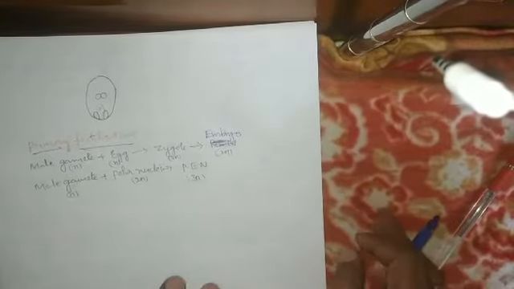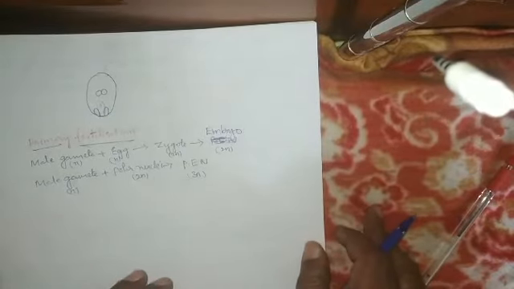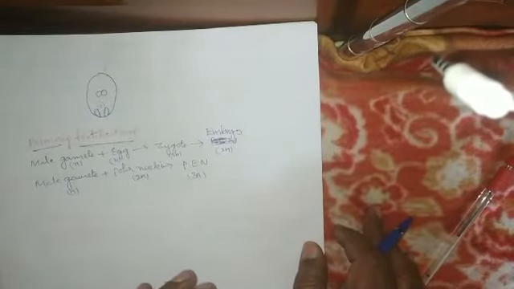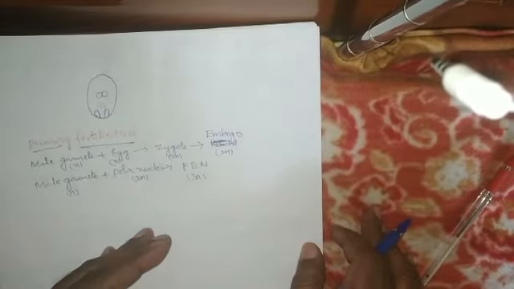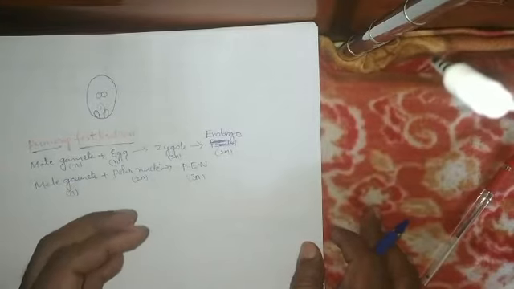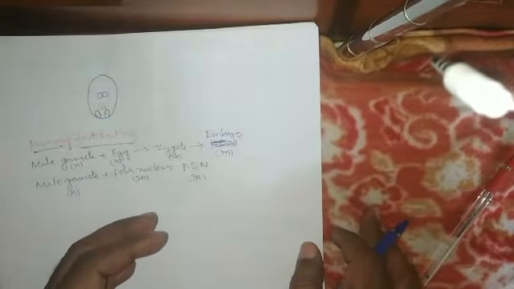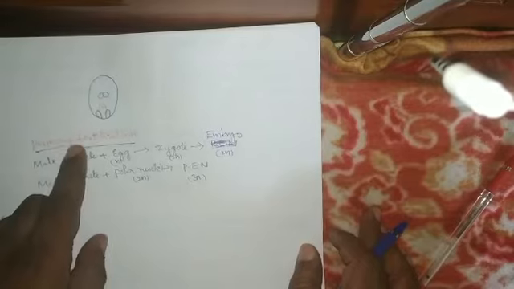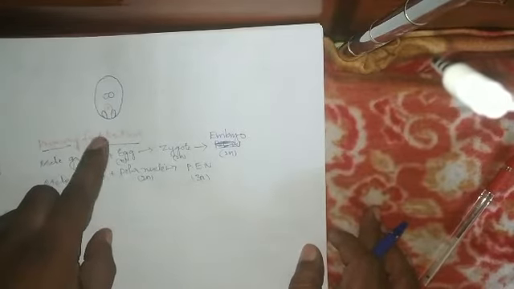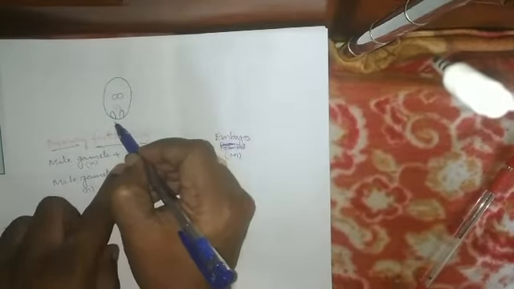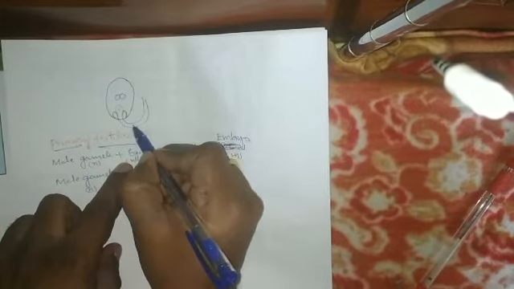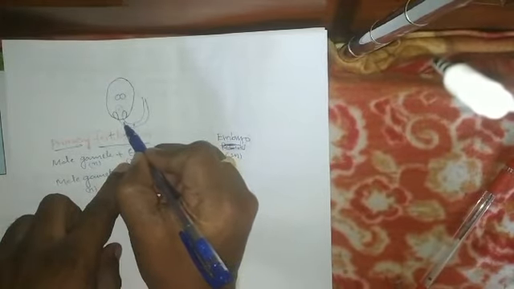In double fertilization, there is a fusion of male gametes with the cells of the embryo sac. In double fertilization, two fusions take place. The first fusion is primary fertilization, between the male gamete present in the pollen tube and the egg.